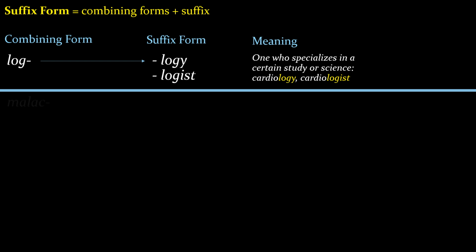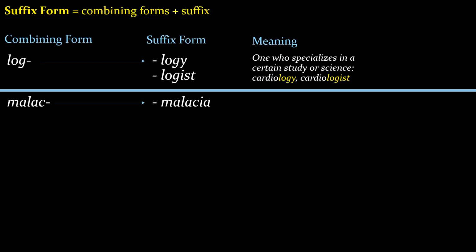All right, and then another one is this malak, and you might remember that that meant softening, and this is commonly paired up with ia, which we saw before in one of the suffix videos. So this is pronounced in English, malacia.